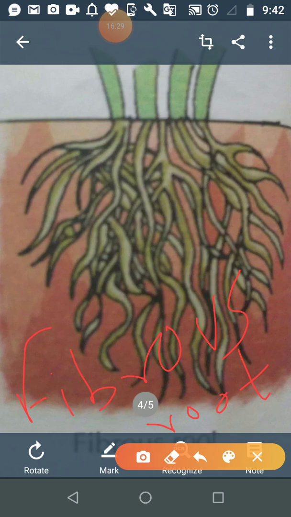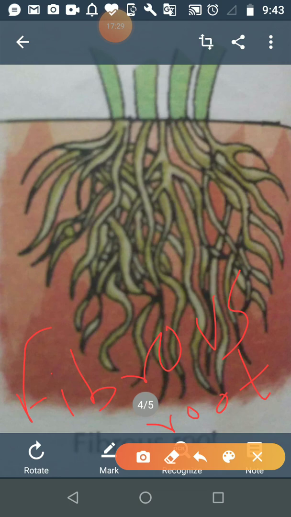Where do we see these types of roots? Examples of this type of roots are wheat, rice, maize, onion, grass, etc. These are the names of the plants which have fibrous roots. Is it clear?